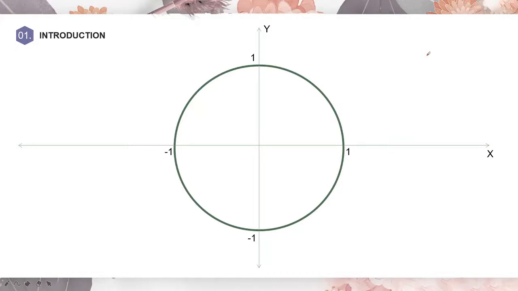Unit radius means the value of the radius is 1. That is why it's called unit. Unit usually refers to 1. So this is a unit circle. Unit circle means, I repeat, the radius of the circle is 1.